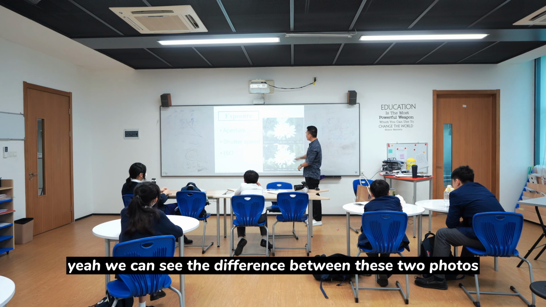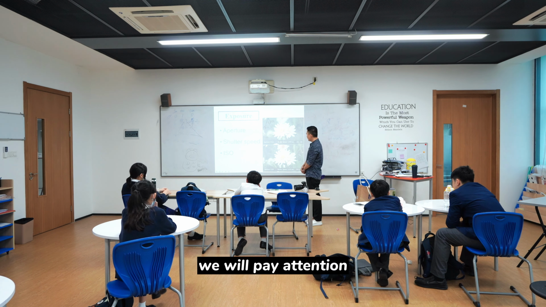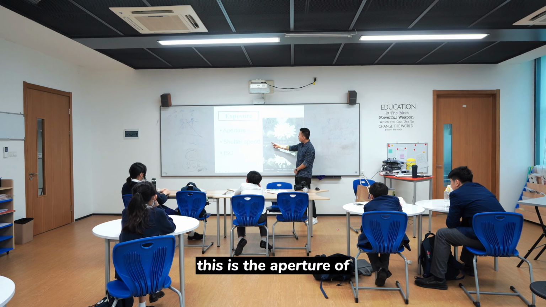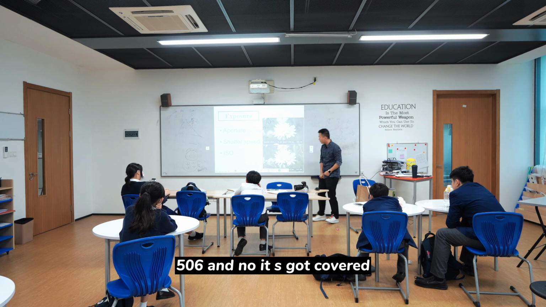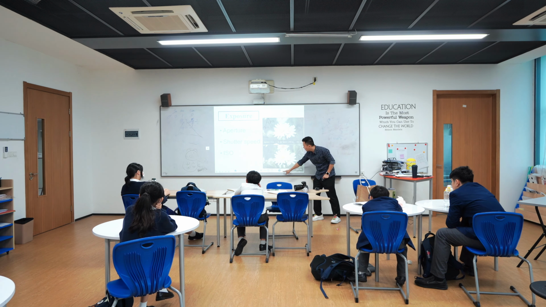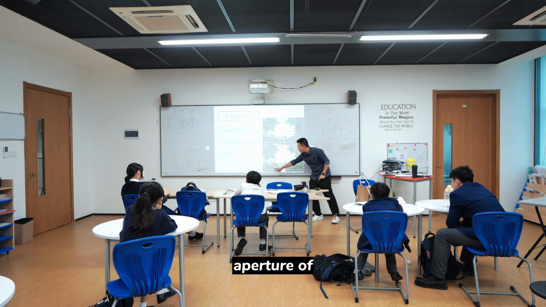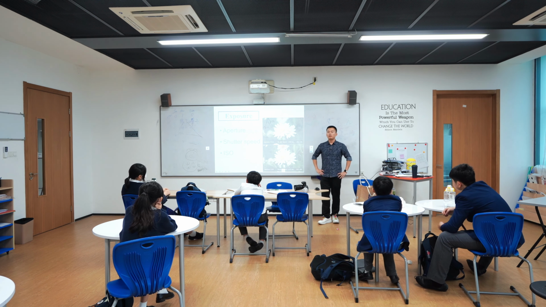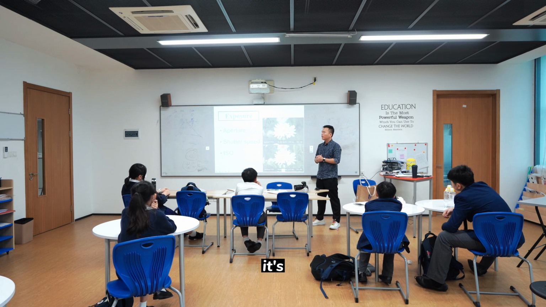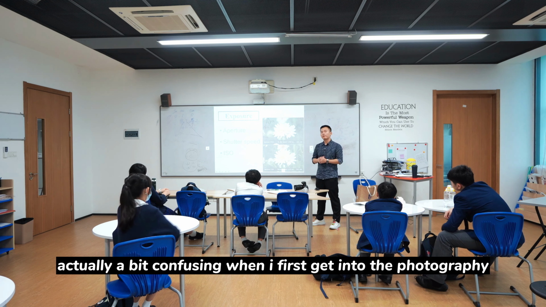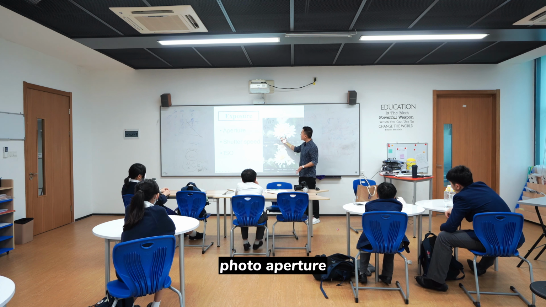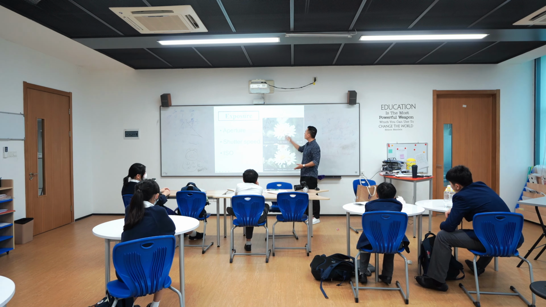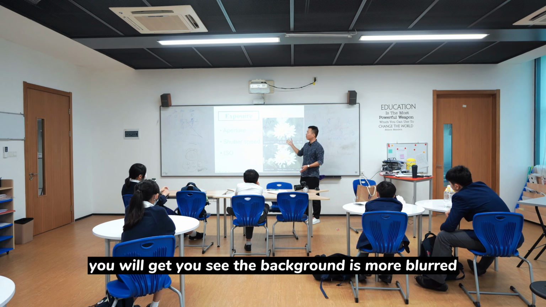Yeah, we can see the difference between these two photos. If you pay attention, this is an aperture of 5.6, and this is an aperture of 20. It was a bit confusing when I first got into photography. I felt like for numbers, the bigger the better. But for the aperture, the smaller the number, the more bokeh effect you get.